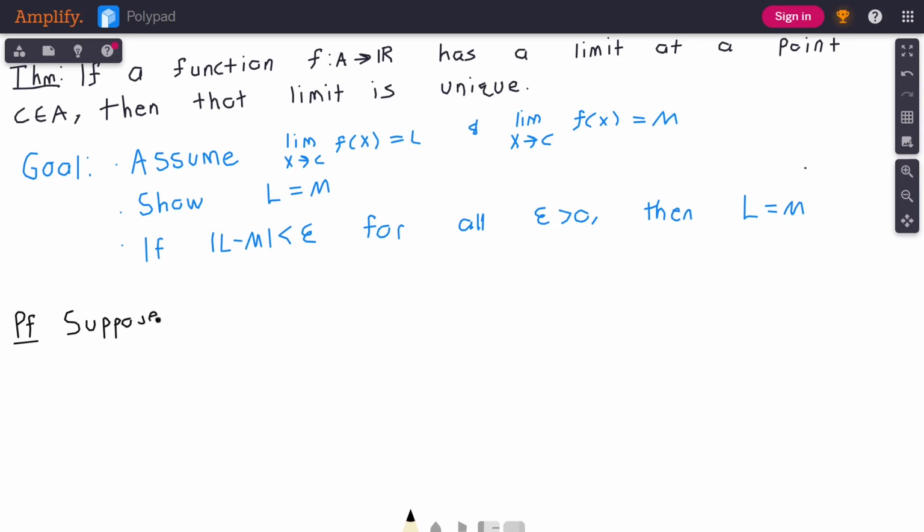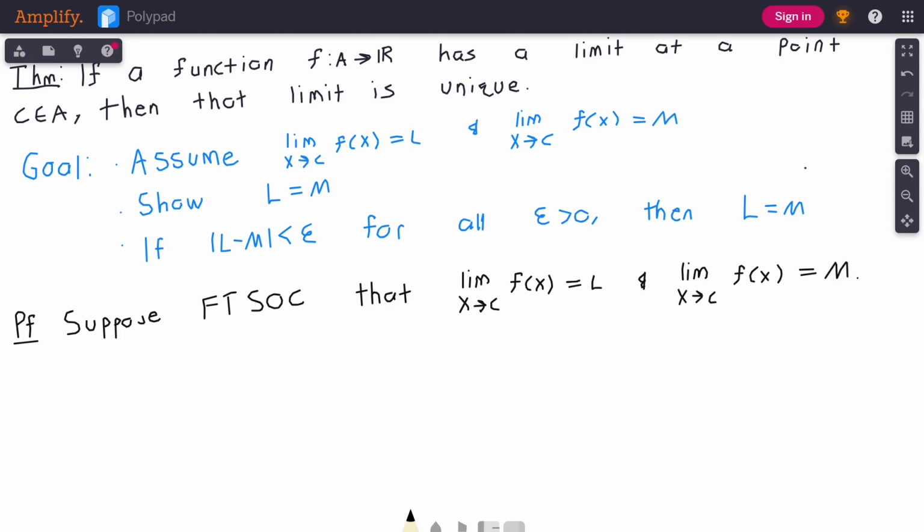So we're going to suppose, for the sake of contradiction, that the limit as x approaches C of f of x is equal to L, and that the limit as x approaches C of f of x is equal to M. And we're going to assume that L is not equal to M. And if we can show that L does equal M, then we will have arrived at a contradiction, and thus if a function has a limit, then it must be unique.